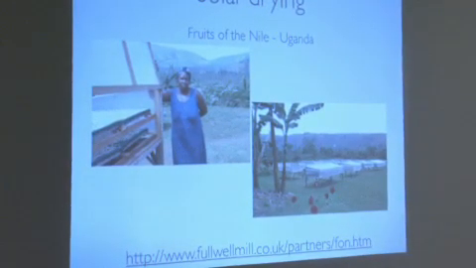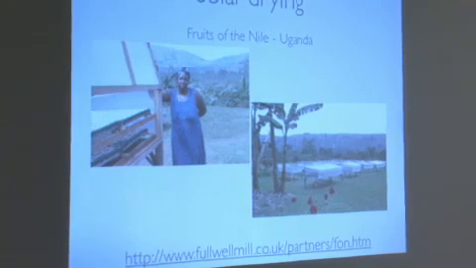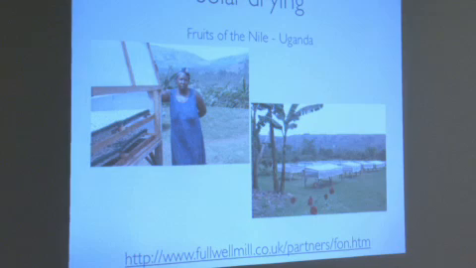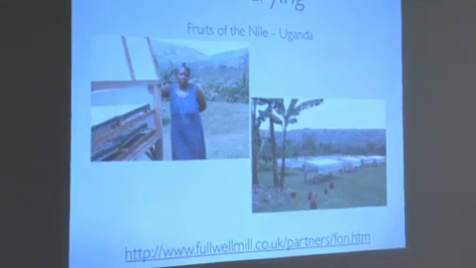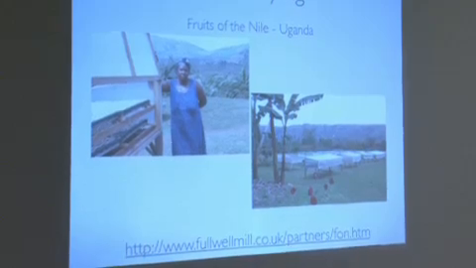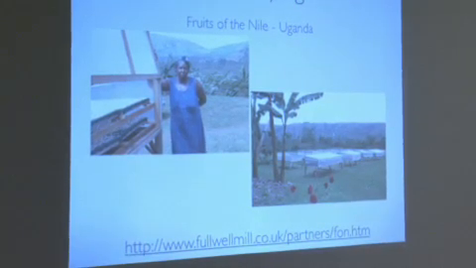And so they'll harvest, and then they'll take them to the market. And because there's an overabundance of these fruits, they're not getting as much money as they can for their fruits, because there's way more supply than there's demand for it.